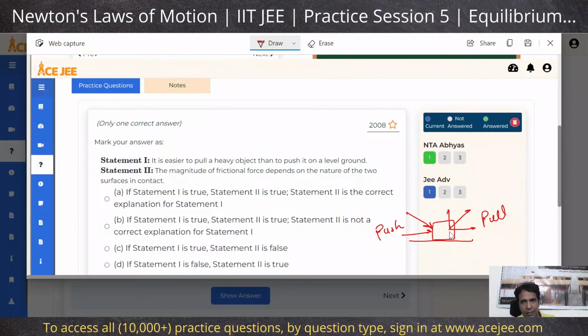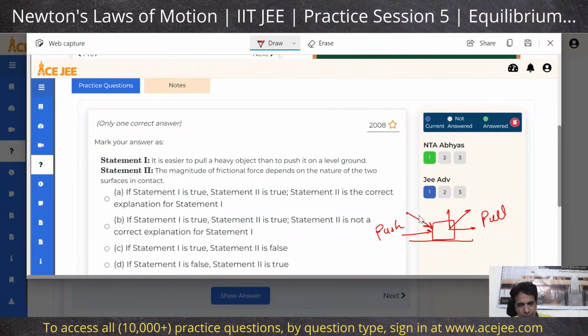So mu N is reducing when N is reducing. In the other scenario, it's more like you are digging into the surface, into the ground. So you're increasing the net force in the downward direction. That means the normal force between the ground and the object is going to increase. So the frictional force will increase. Right? So next time you have the choice, you better pull, not push.